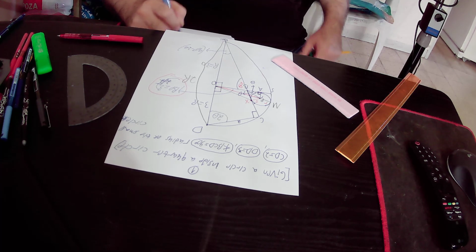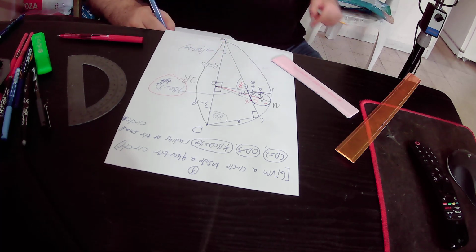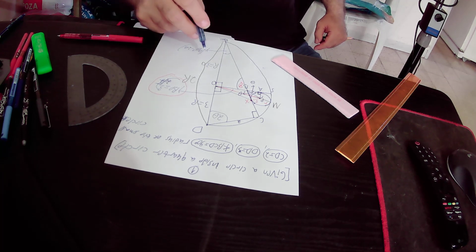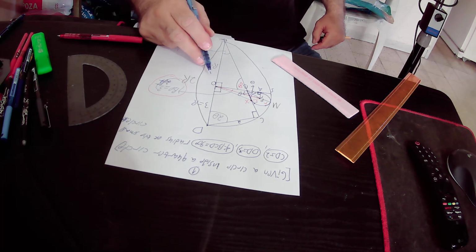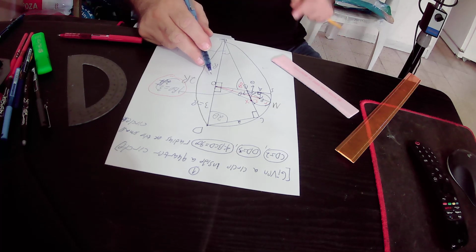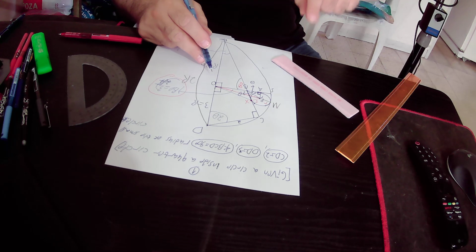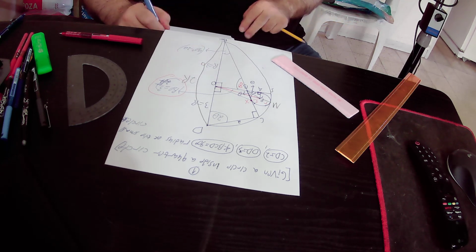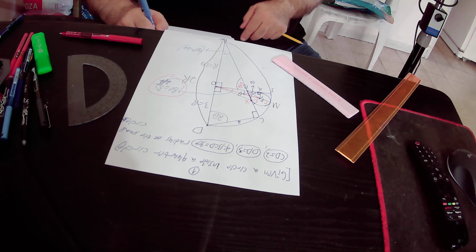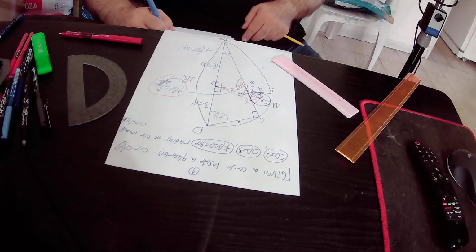And what is the value of MO? You should remember that O is the center of the semicircle, and M is a point on the semicircle itself, so MO is the radius of the semicircle, and the quarter circle also.